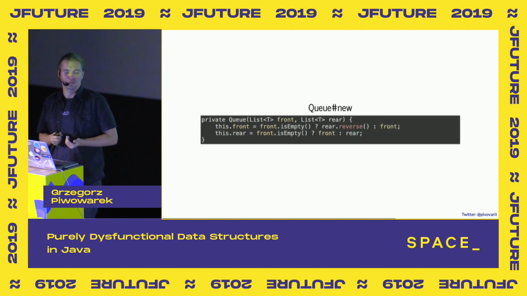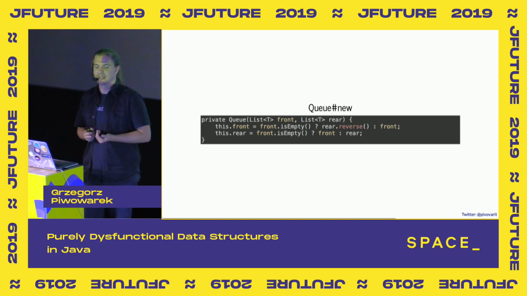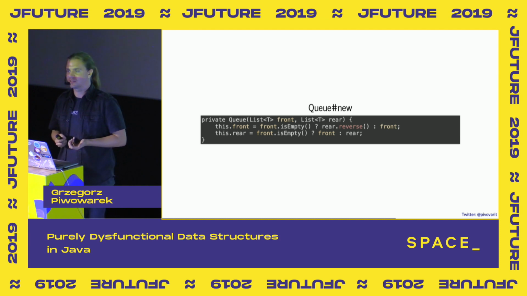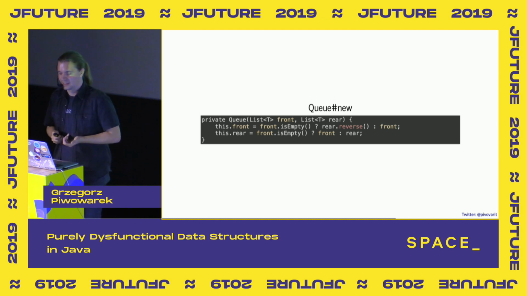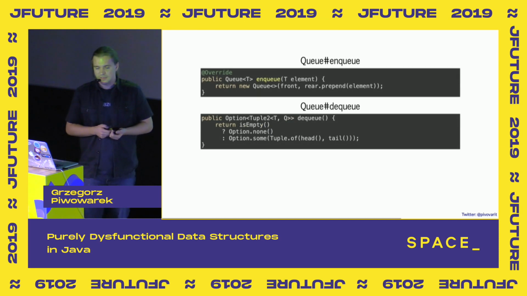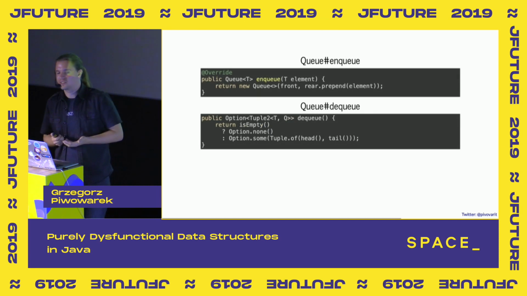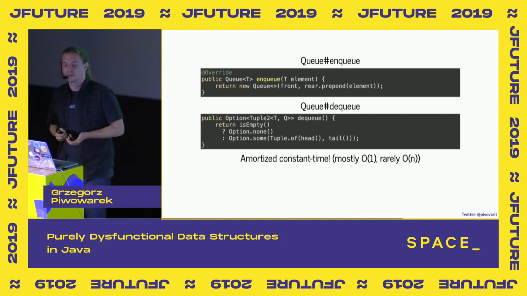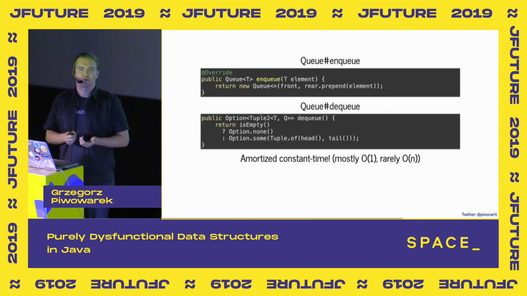The trick is, from time to time, we would run out of elements in one of them. So we would need to reverse it and rebalance the internal elements in such a data structure. And it turns out that it won't always be constant time. Mostly you would access elements in constant time, but from time to time you would need to do a linear time operation.